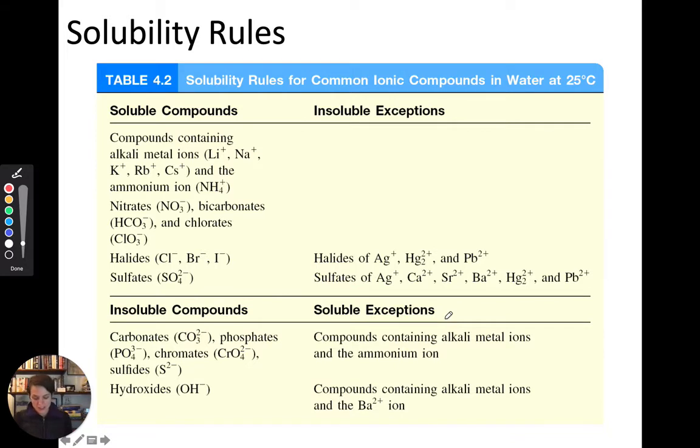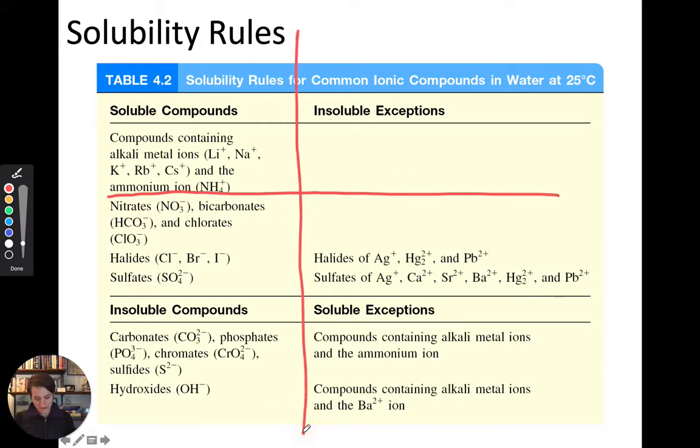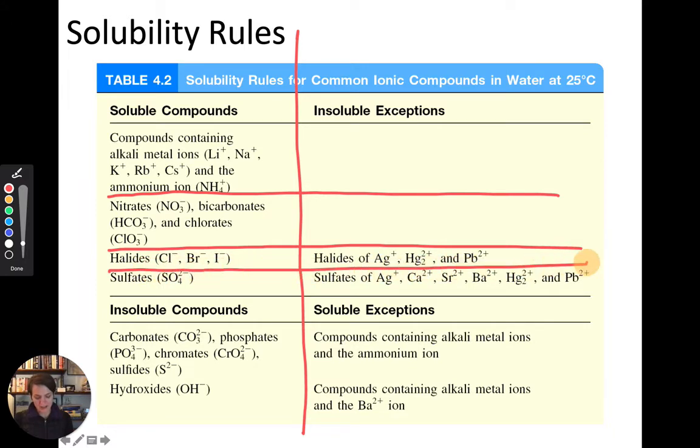So for instance, if we have a compound containing the alkali metal ions, which you should be able to recognize as group 1A, and they are combined with any other species, they are going to be soluble. Notice there are no exceptions.